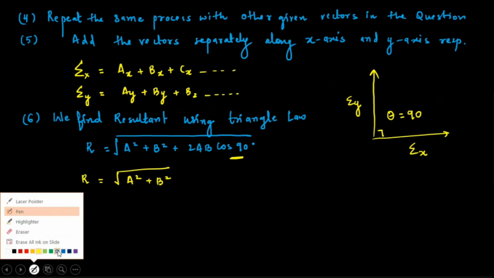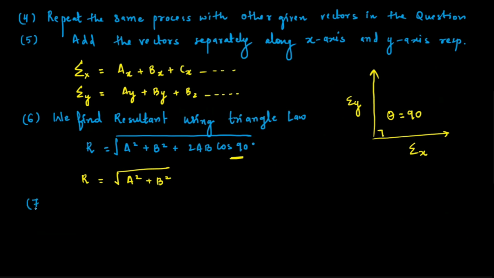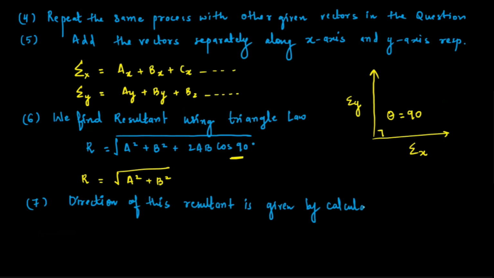Last step, we also have to find out the direction of this resultant. So direction of this resultant is given by calculating the angle made by resultant with x-axis.